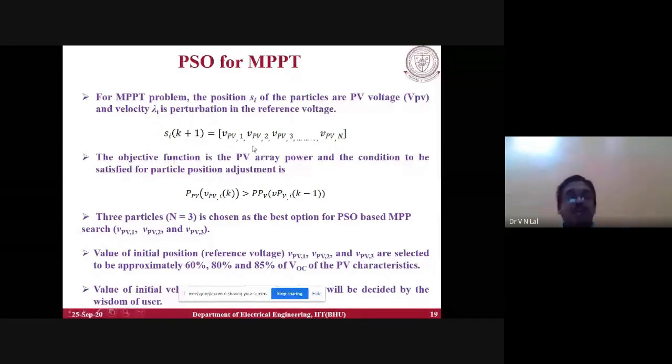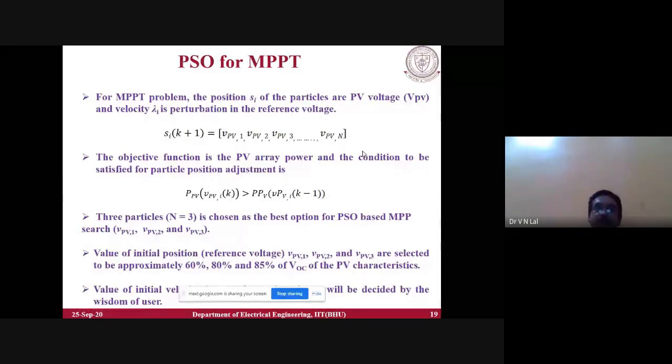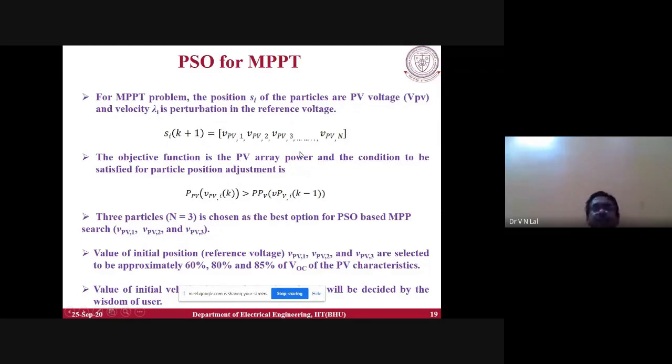Now the objective, so we can represent it by this equation: Si, the particle positions, are VPV1, VPV2, VPV3, up to VPVn for n particles. If n particles are chosen for PSO based MPPT, there will be n positions, n PV array voltages. Now the objective function will obviously be the PV array power.